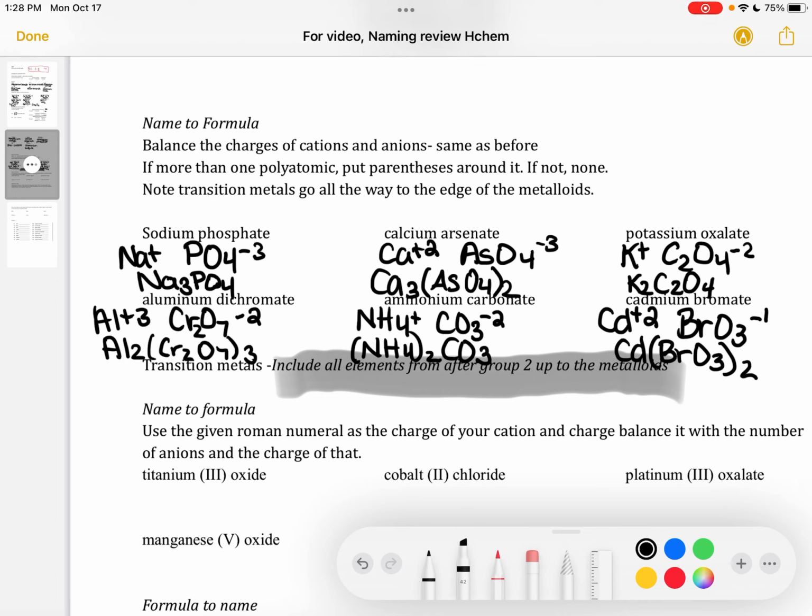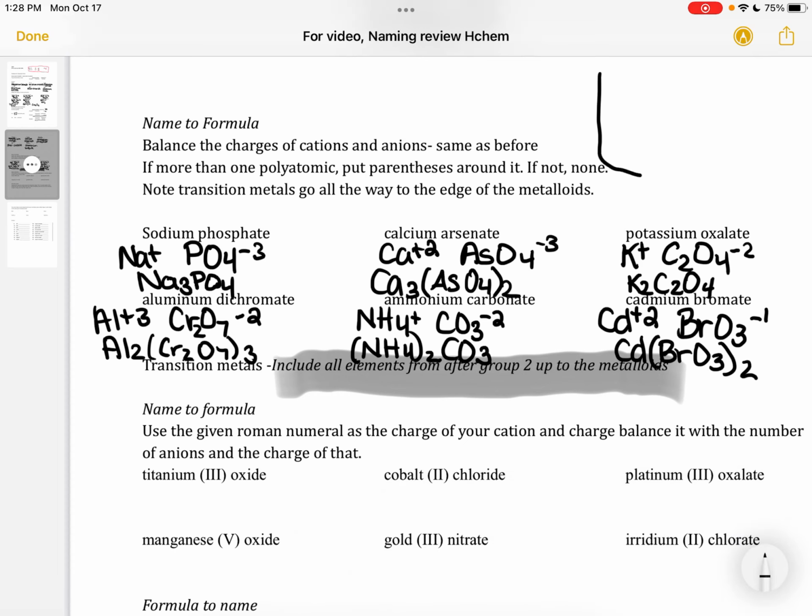Okay, so if you're looking at the periodic table, get this pencil. Looking at the periodic table, and if you've got the metalloids here, I mean, obviously it's not drawn to scale, but the transition metals don't just include the D block elements. It actually includes everything up until the metalloids, okay?